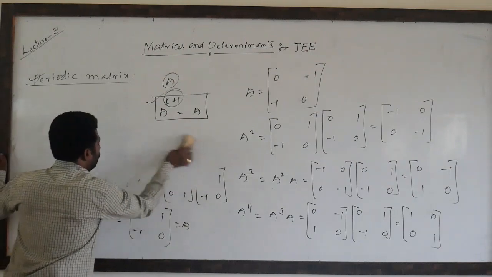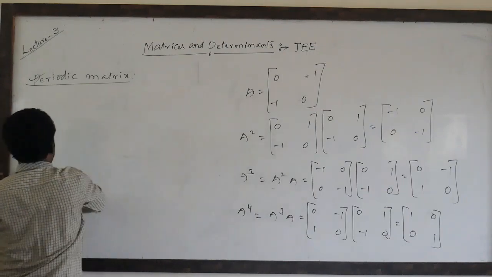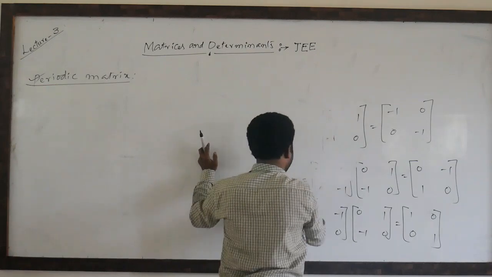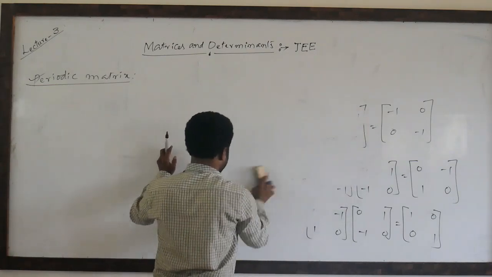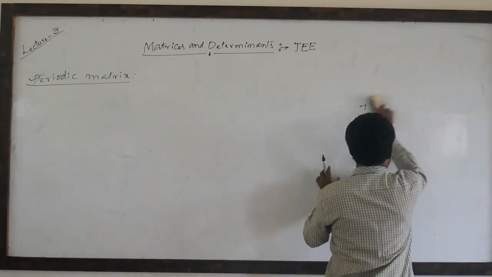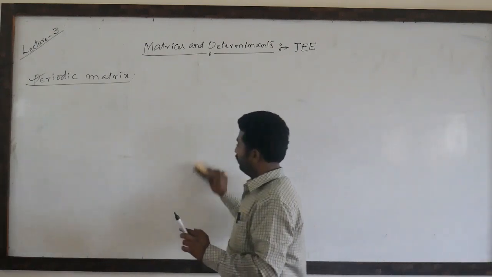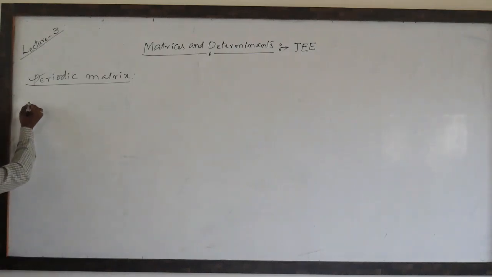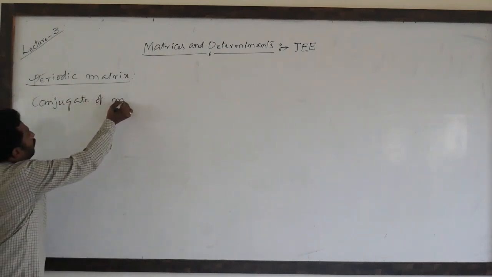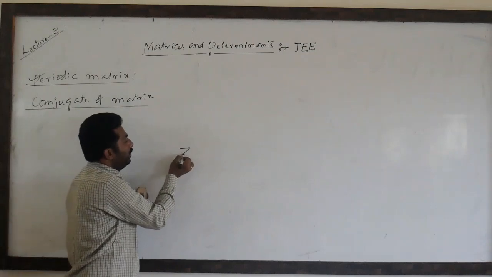Next, conjugate of a matrix. In the conjugate of a square matrix, generally complex numbers we will see.